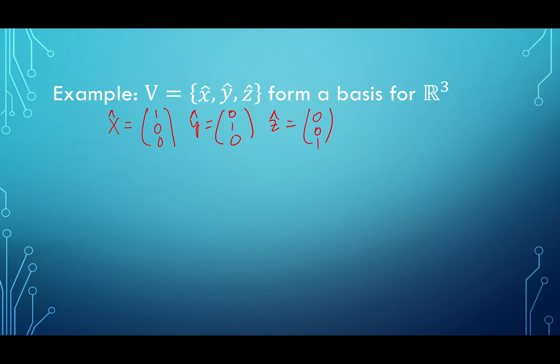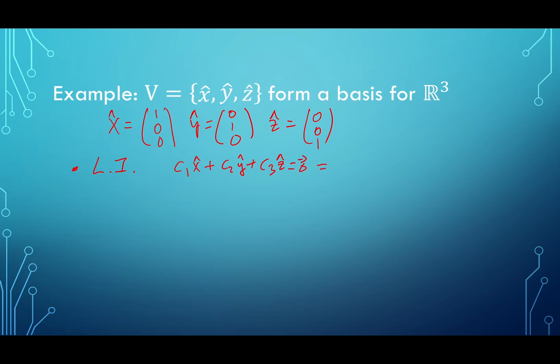What we need to prove first is that they satisfy linear independence. If we want to solve the equation c1x plus c2y plus c3z equals 0, what happens?